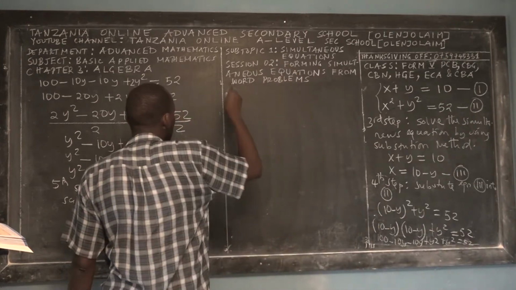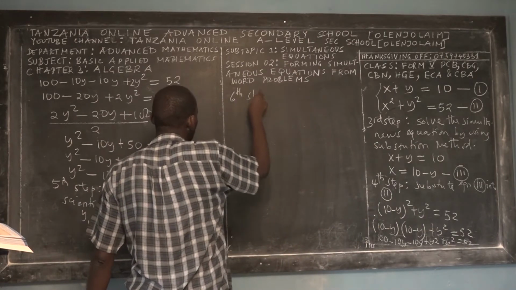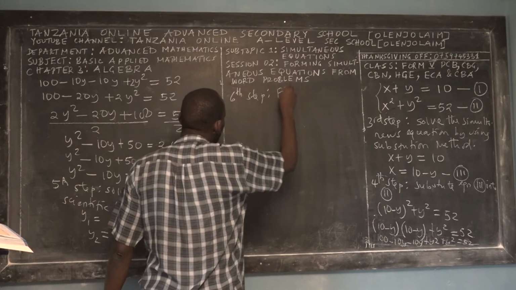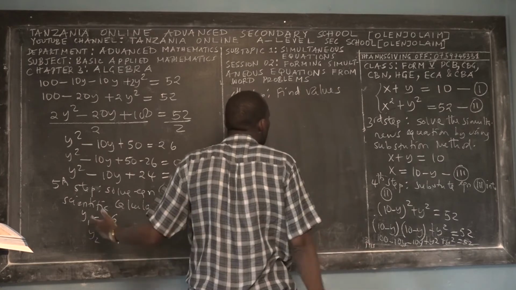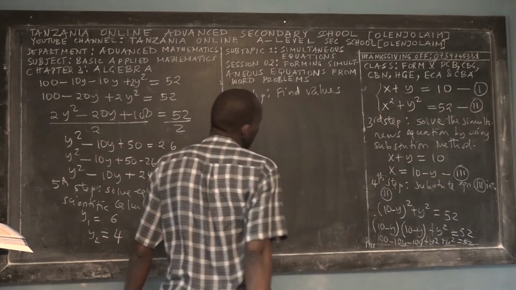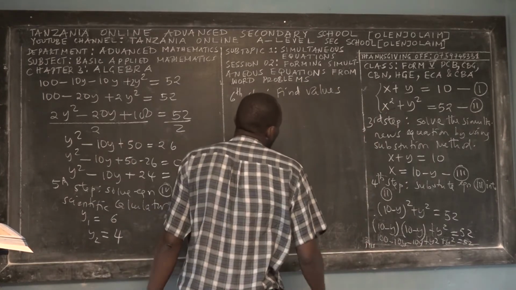So then we go to the sixth step. The sixth step, we say: find the values of x. Why do we have two values of x? Because we have this quadratic equation. This is our highest degree.